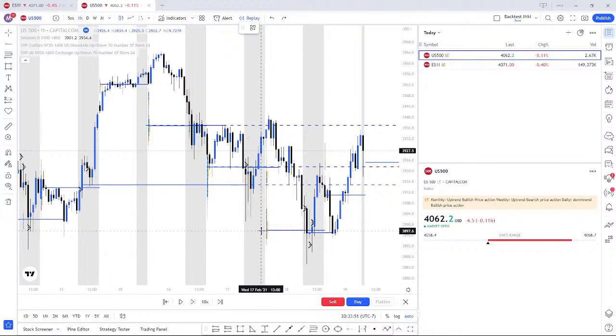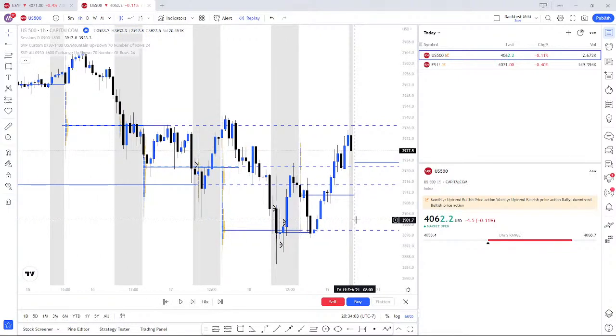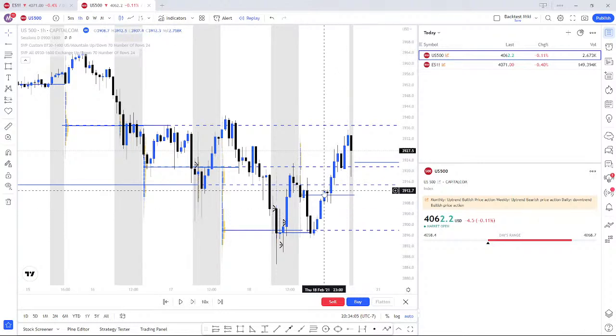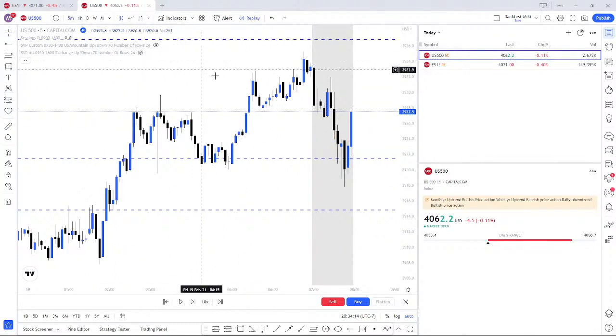Whatever. We have this line here, which is around the same point as this, so we'll just leave it as that. And this is all current.